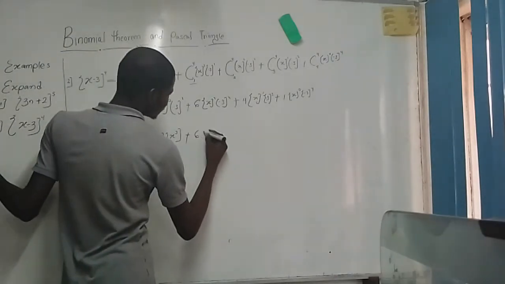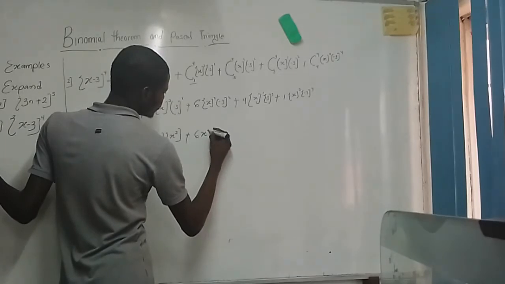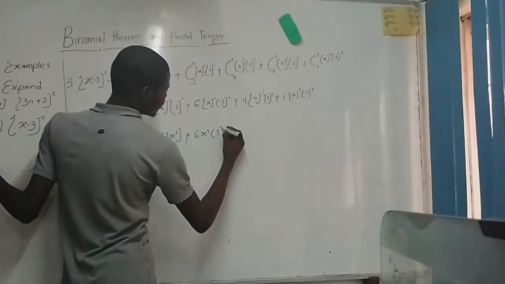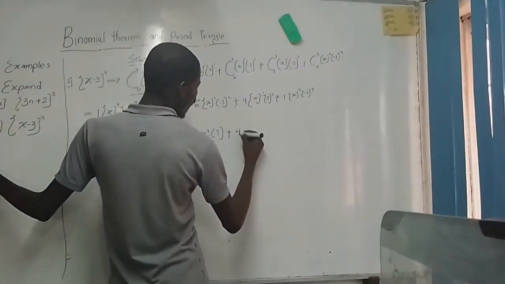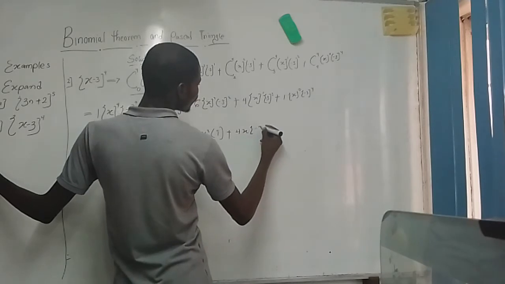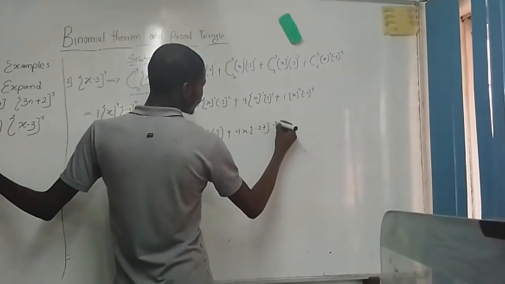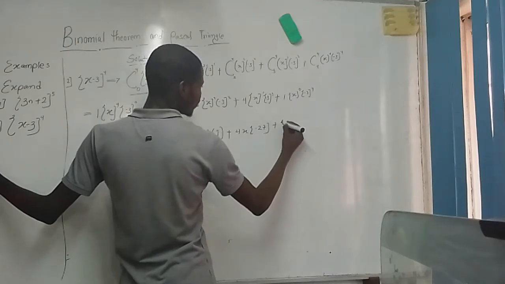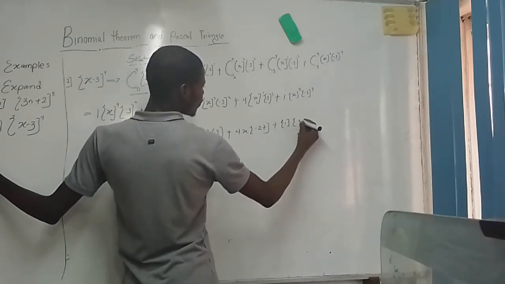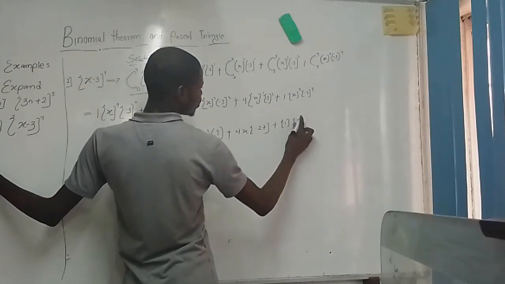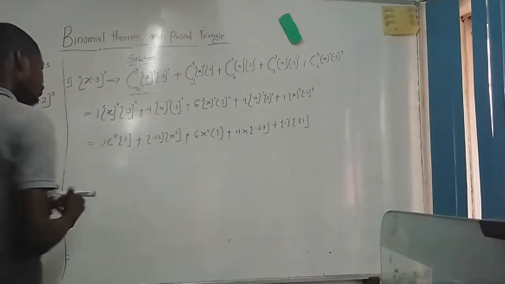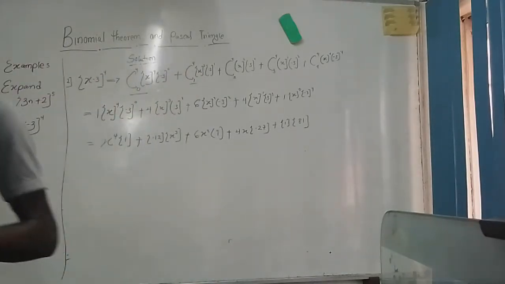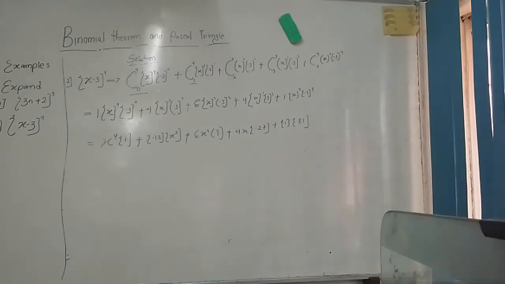Then 6 x squared times 9 plus 4x times minus 27 plus, this time this will give us 1 raised to power what? Plus 81. Plus 81. Good.